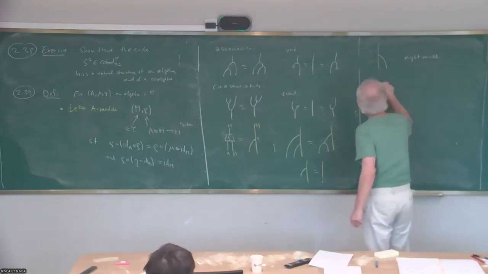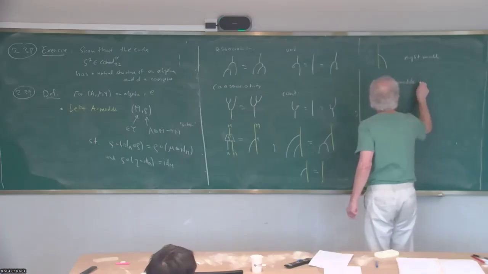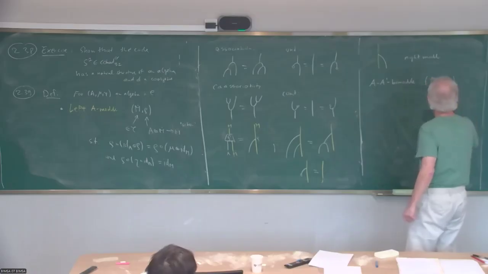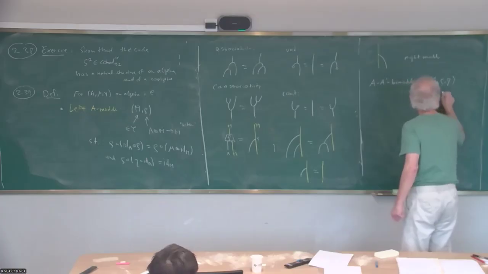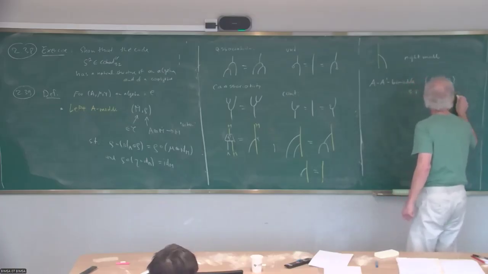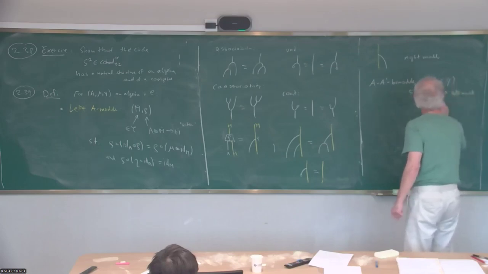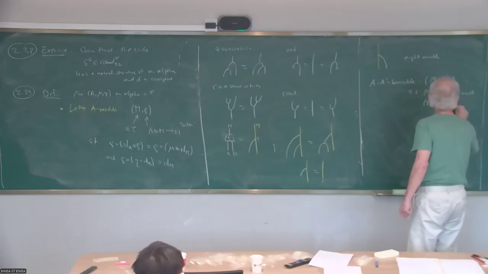And then an A-A prime bimodule is a triple (M, rho, rho prime), such that (M, rho) is an A left module, and the other morphism is an A prime right module.